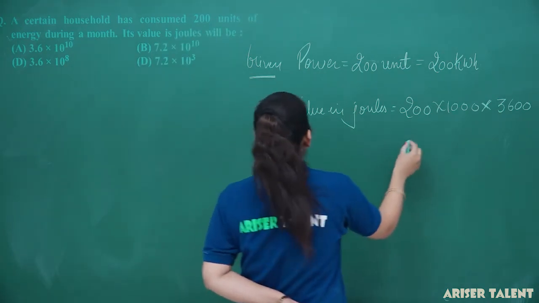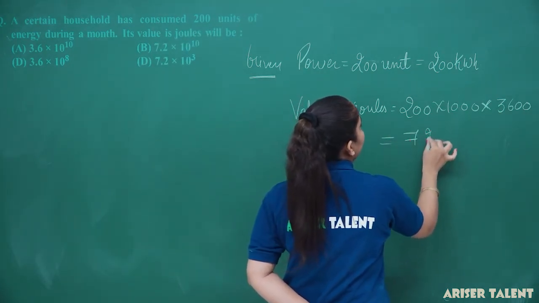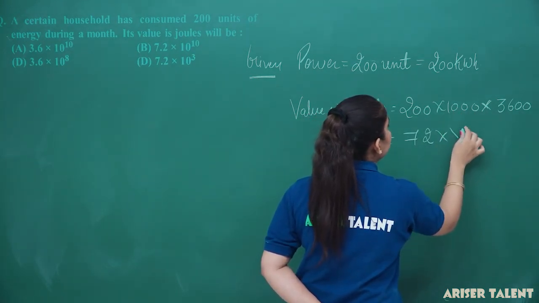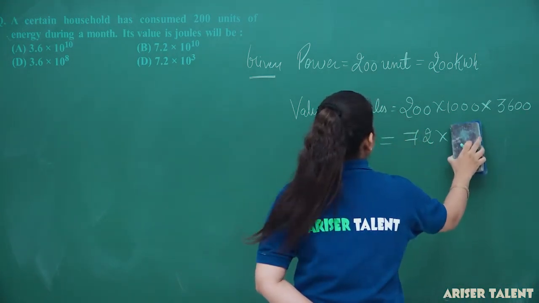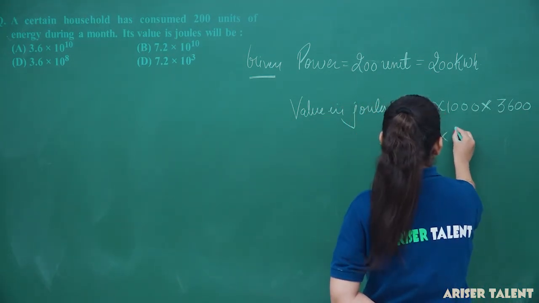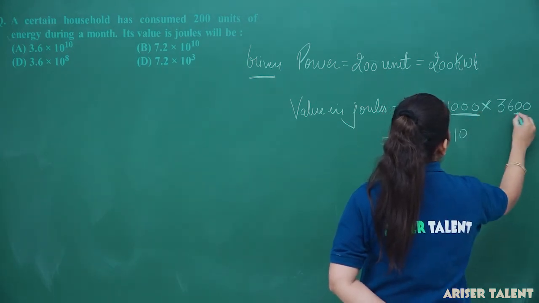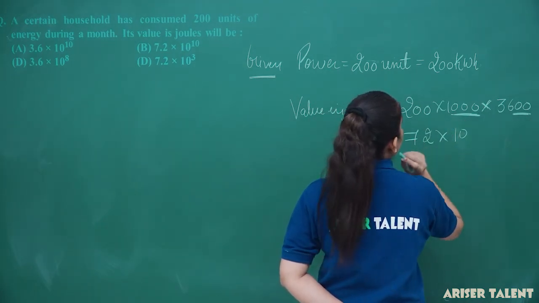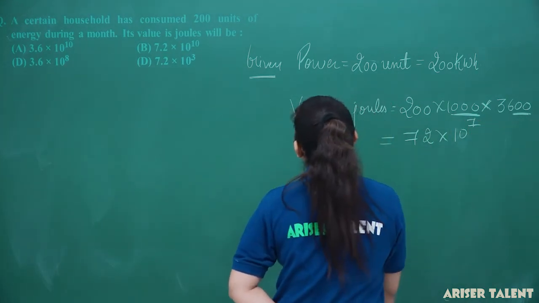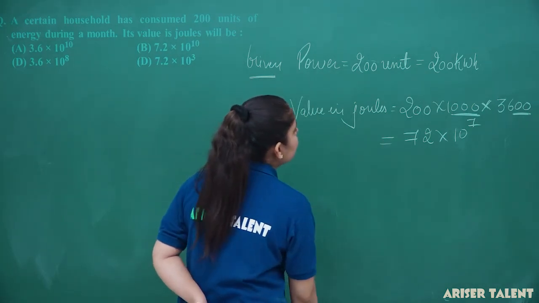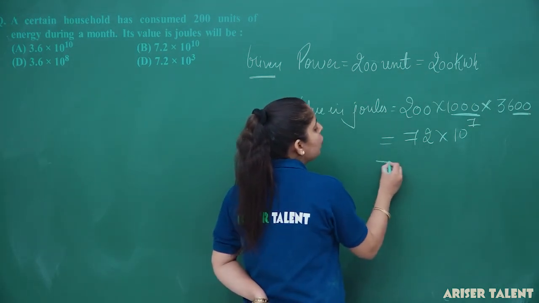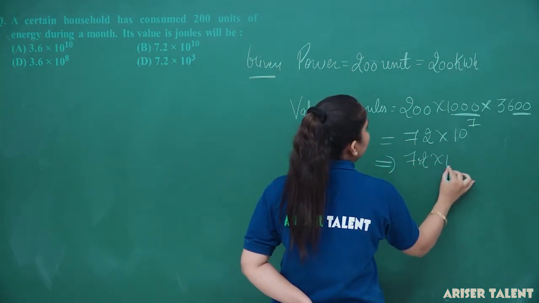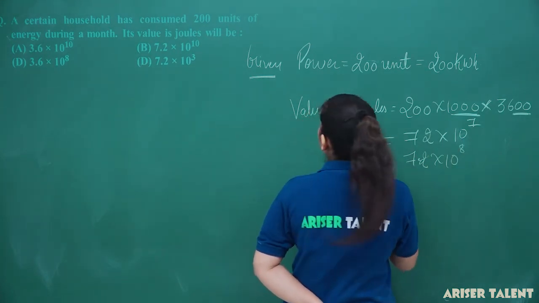So, it came out to be 72 with 7 zeros here. Three zeros here, and 2, 3 and 2 are 5, and 5 and 2 give you 7. So, this is the value I am getting here because this is the energy consumed in the 1 month. So, I can write it as 7.2 into 10 raised to the power 8.